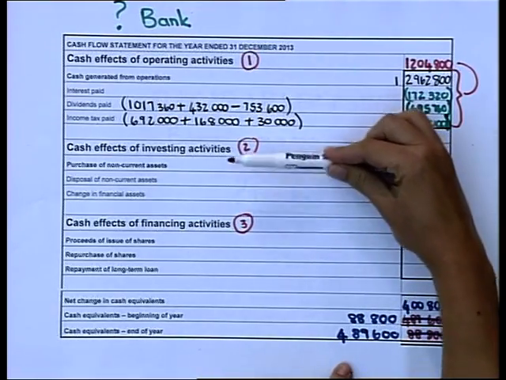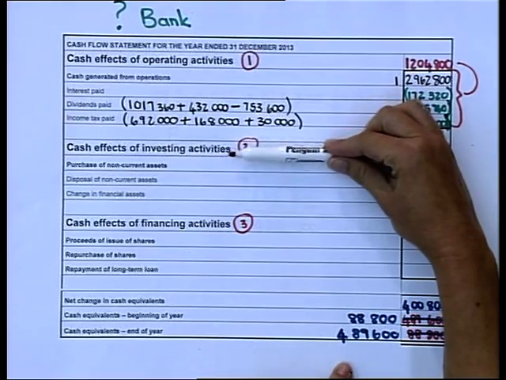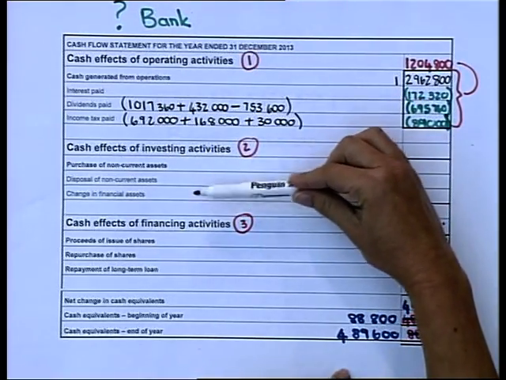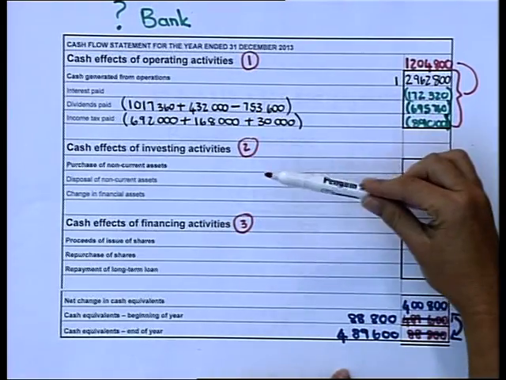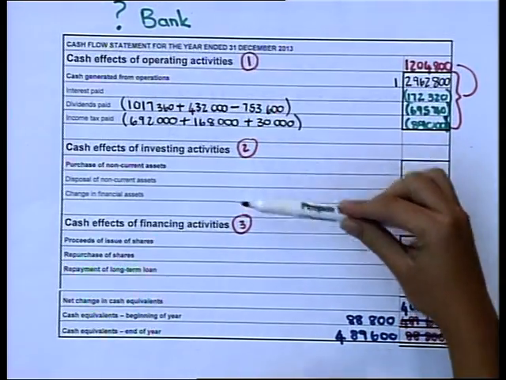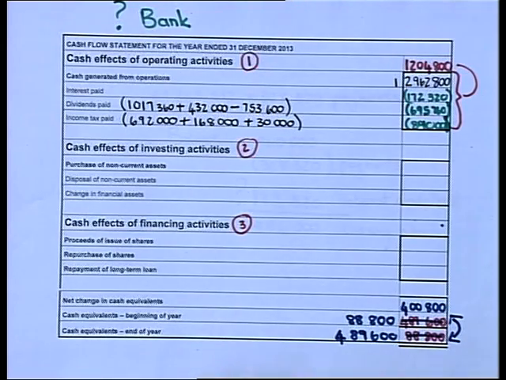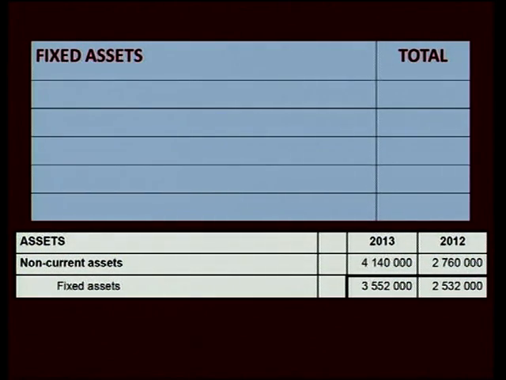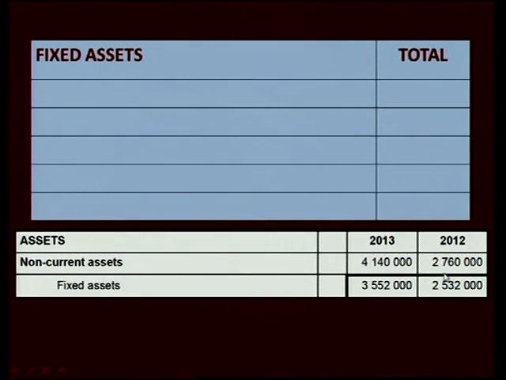The first thing we're going to look at is the investing activities, and they consist of the investment or the disposal of fixed assets and then a change in financial assets. If you look at the information in the balance sheet of fixed assets, you see they have a total here at the beginning of the year of 2,532, at the end of the year of 3,552.